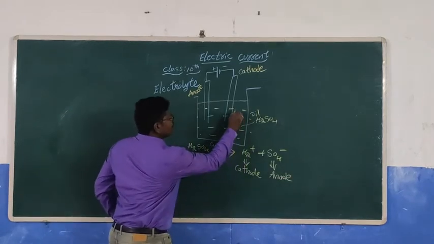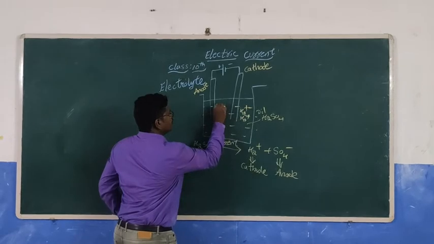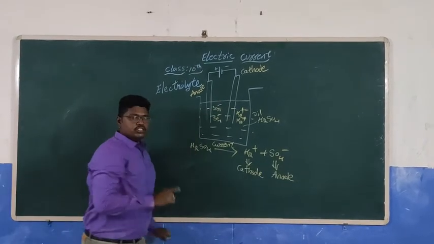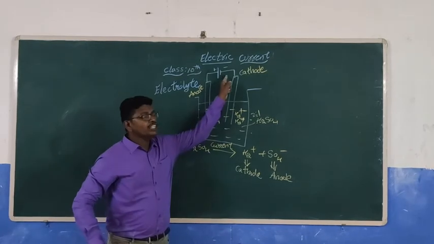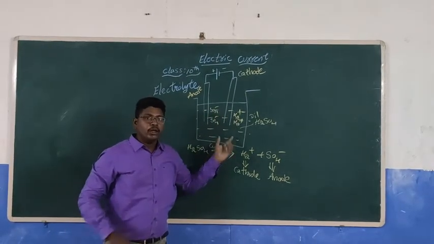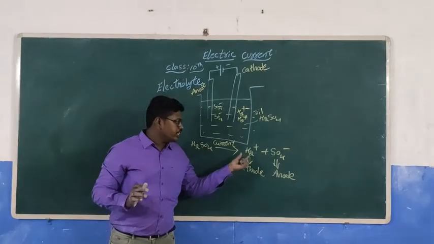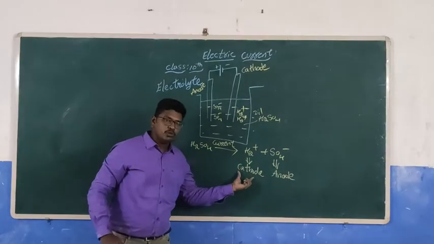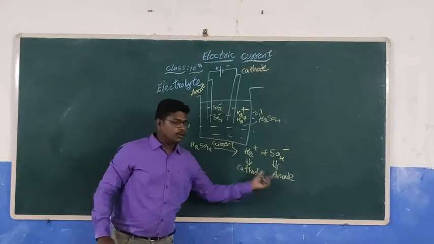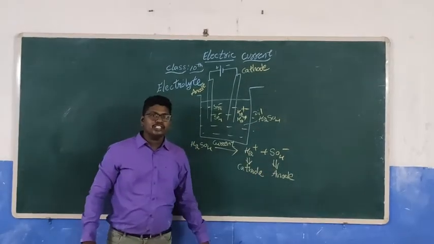It means here are H+, H+, and here SO4 minus, SO4 minus. So whenever current is passed through the electrodes into the solution, positive ions and negative ions will be in motion. Positive ions move towards the cathode, negative ions move towards the anode.